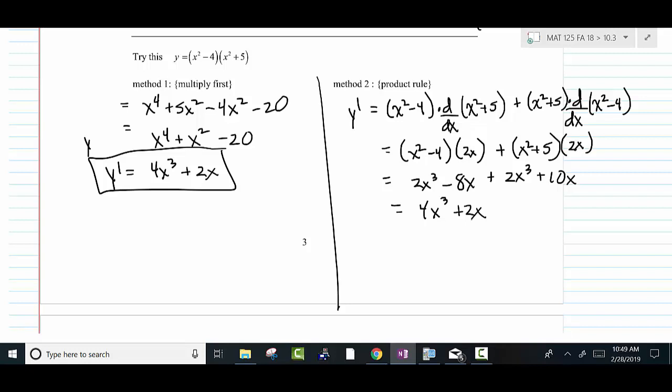Got your FOIL, so you have x to the fourth, minus 4x squared, plus 5x squared. I usually go like this, it's distributed. 1, 2, 3, 4. X squared times x squared, times 5, negative 4. What you're doing is a distributive product, and you're doing that twice. That's a more logical order to put that in. Yeah, you're on the right track.